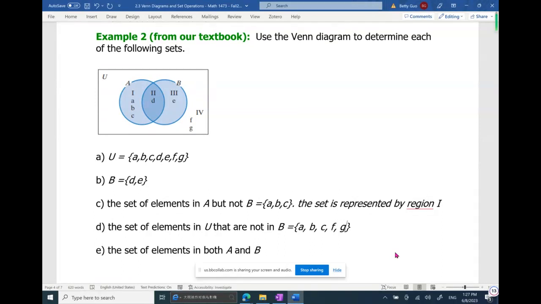From the universal set, we remove elements D and E because D and E belong to set B. The rest of the elements are the set of elements in U that are not in B. So this actually is B prime, guys. We can write this as B prime. B prime is a notation that describes the set of elements in U that are not in B.